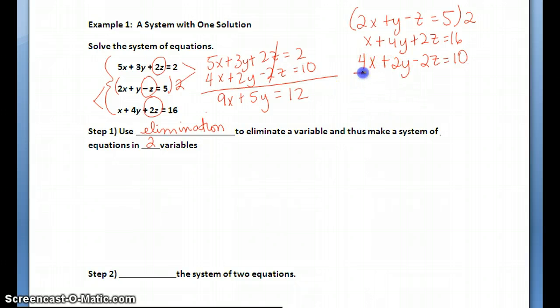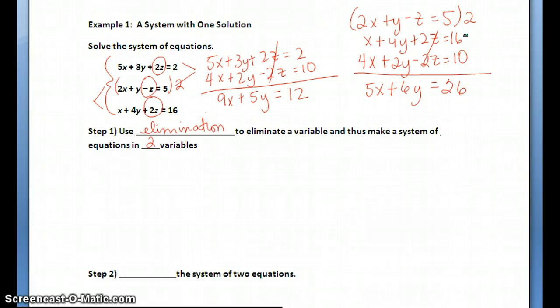And so what I can do now, this equation times 2 is this one now. And I'm going to add like I did again in first grade and say 1x plus 4x is 5x plus 4y plus 2y is 6y. This eliminates and I get 26 when I add 16 and 10.